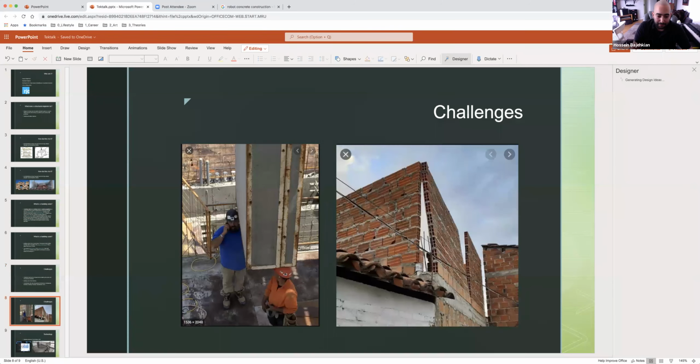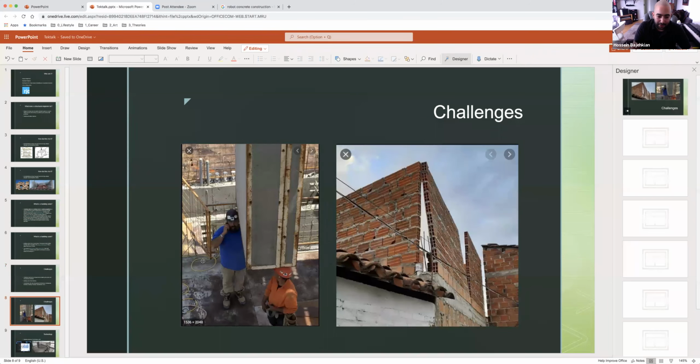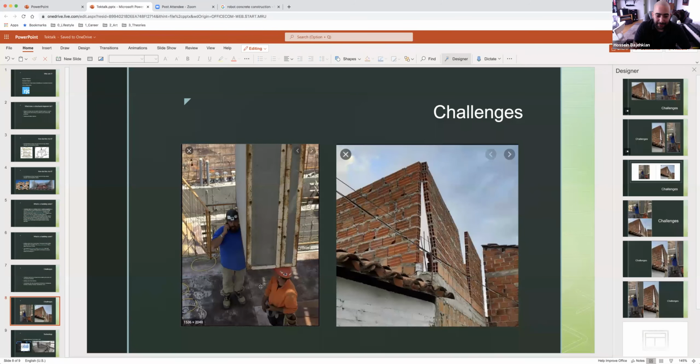The picture on the left is probably the situation I deal with every day. I get calls like this gentleman over here, because something's happening and things are challenging to build a certain way due to unforeseen conditions.